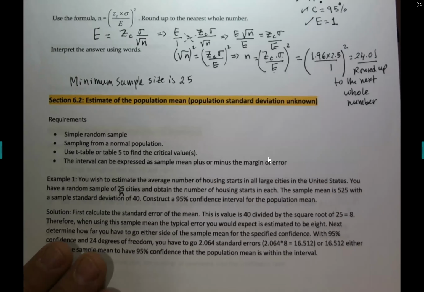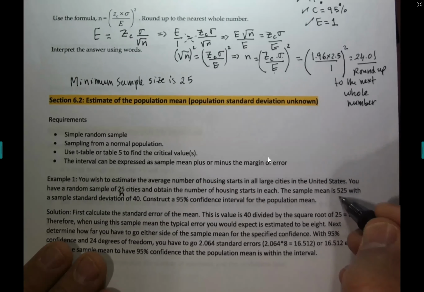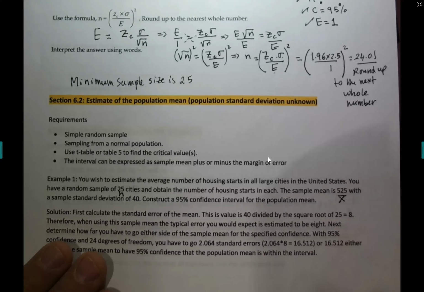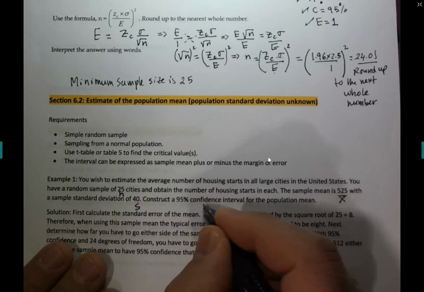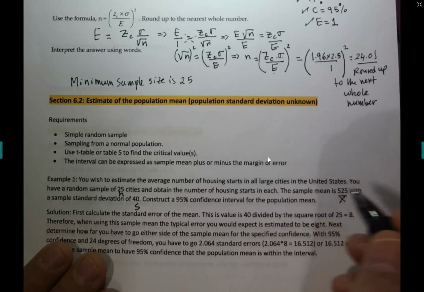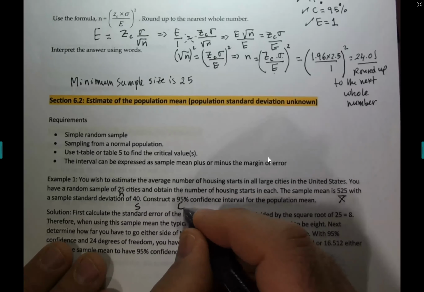The sample mean, X bar, is 525. With a sample standard deviation, do you read it, guys, carefully? It says sample standard deviation. Don't make it sigma, it's S. Construct a 95% confidence interval. We need a confidence interval.